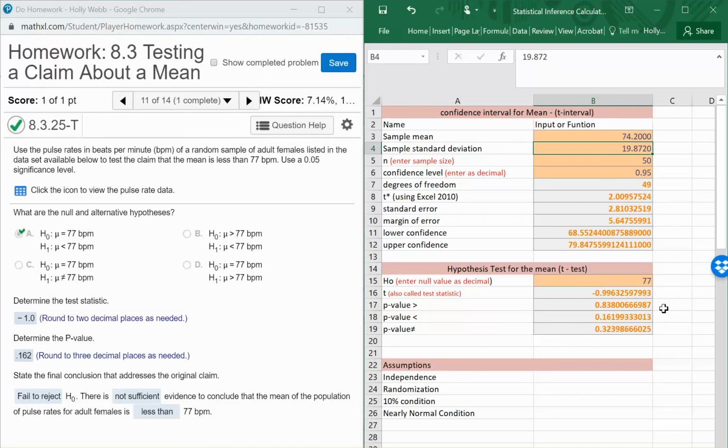And I got a t-score of negative 0.996, and that's going to round to negative 1. So negative 1 is my t-score.